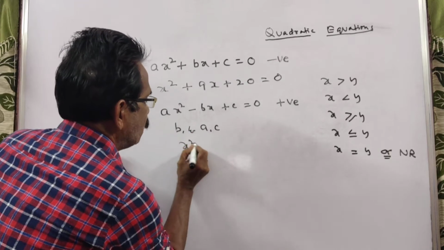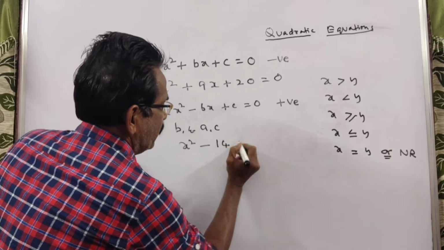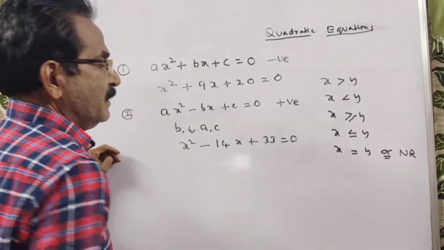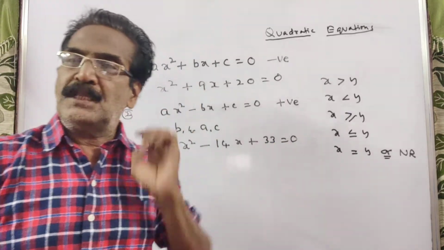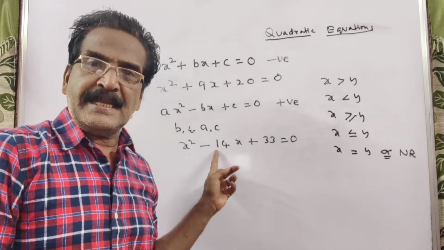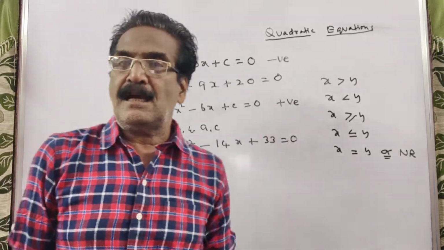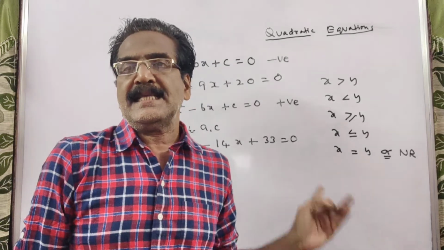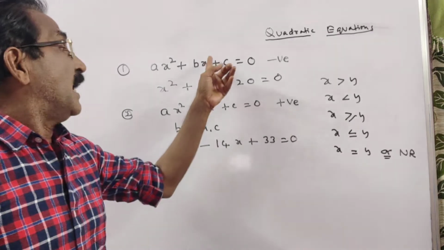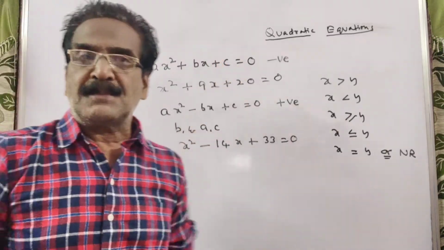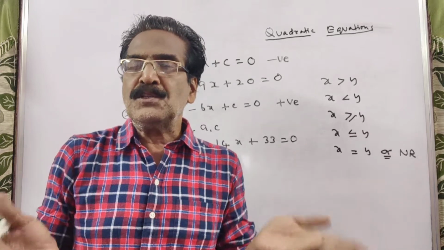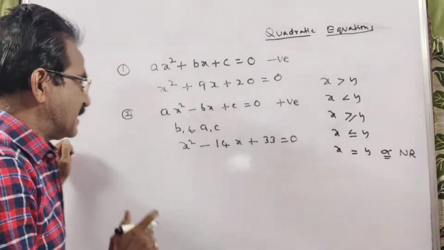An example is x square minus 14x plus 33 is equal to 0. This is an example where both the roots are positive. Here b is minus, a and c are plus. In this case, both the roots are positive. So, other than these two forms, roots will have opposite signs.